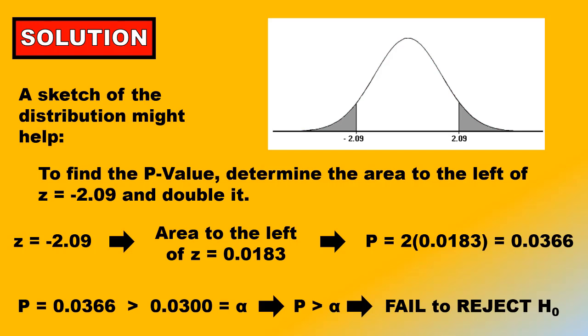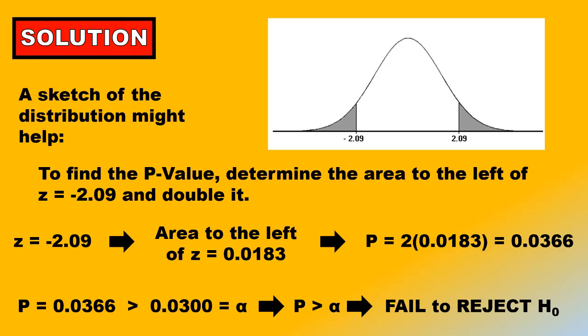Now, a very common mistake that's made on these two-tailed tests is they find the area to the left of the z-score, the 0.0183, and they forget to double it. And if you look at this problem, if you had used the 0.0183 instead of the 0.0366, then you would have seen that 0.0183 is less than 0.0300, and you would have rejected H naught.